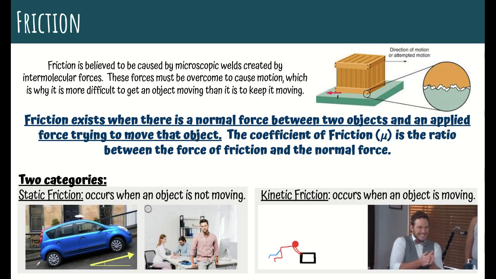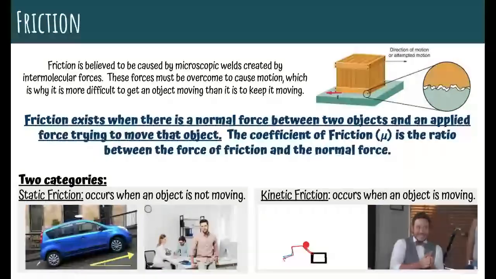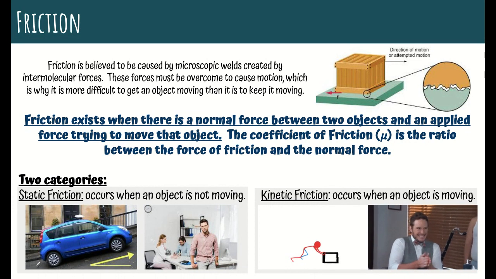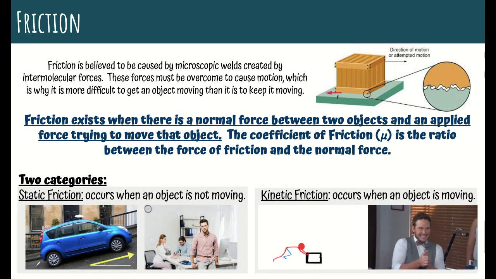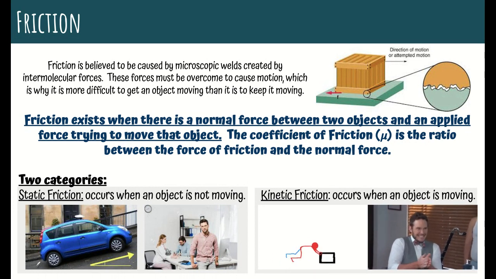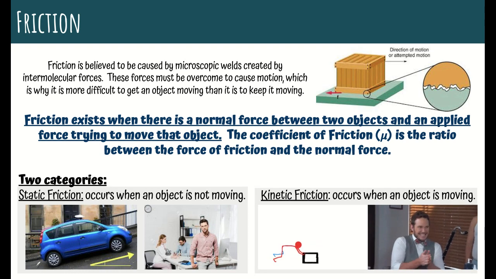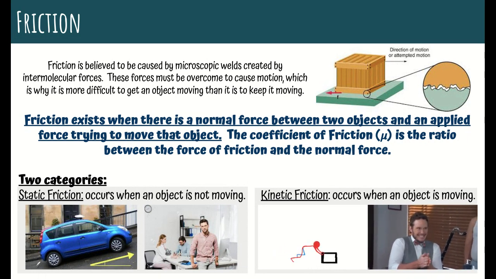Nothing's physically pushing on it, but we do know that gravity is pulling it, and gravity would eventually pull it down the hill if friction wasn't keeping it still. The other example here is a man leaning up against a desk. The amount of force he's applying to the desk is not enough to overcome the static friction. Otherwise, the desk would slide out from under him and he would fall down.